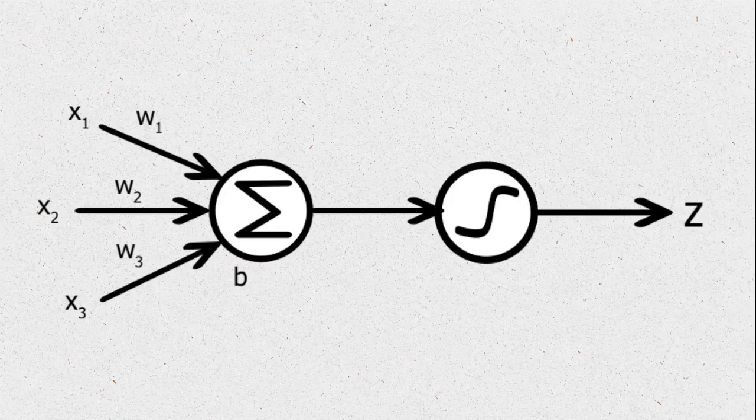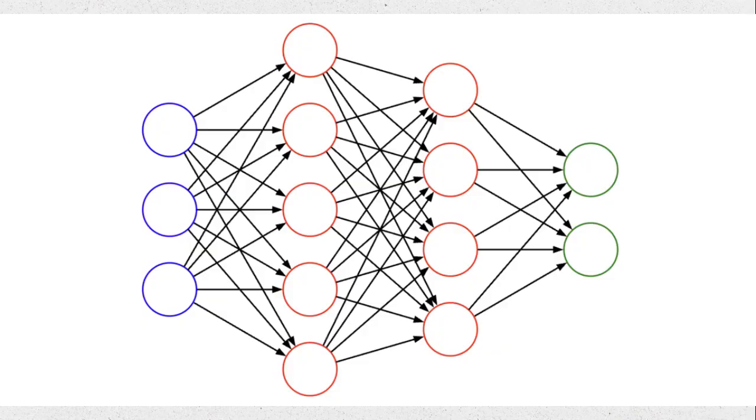Today, we've learned how a single perceptron works. It receives inputs, assigns them different levels of importance using weights, adjusts its decision with a bias, and finally uses an activation function to produce an output. While a single perceptron can only make very simple decisions, it represents the fundamental building block of modern artificial intelligence.